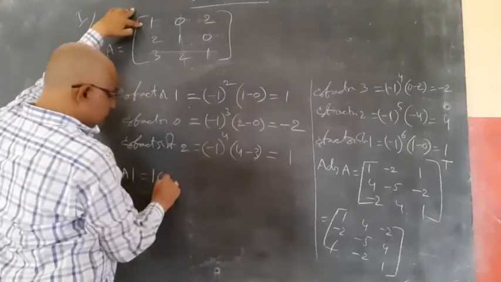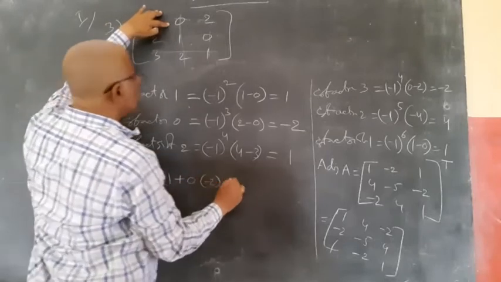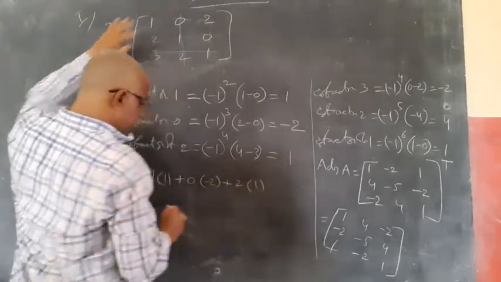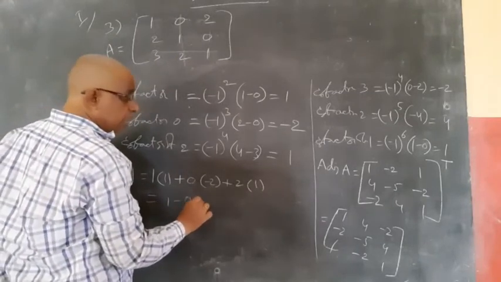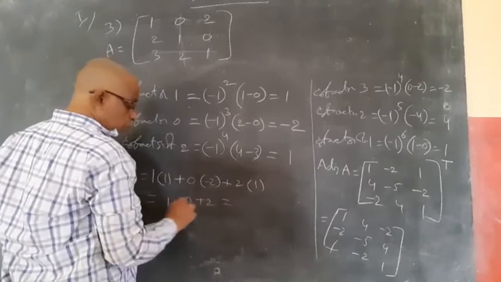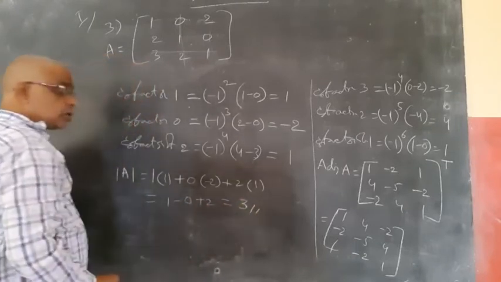Cofactor of 1 is 1, plus 0 into its cofactor, minus 2 plus 2 into its cofactor 1. So 1 plus 0 or minus 0 whatever may be, plus 2. So 2 plus 1, 3 is your final result. So det A is equal to 3.